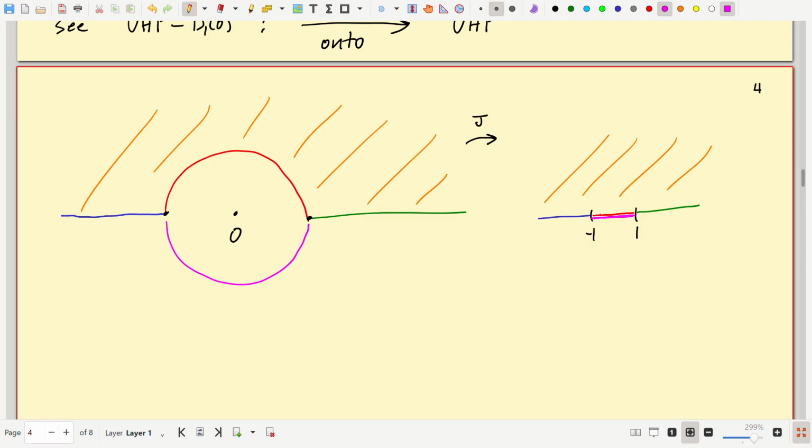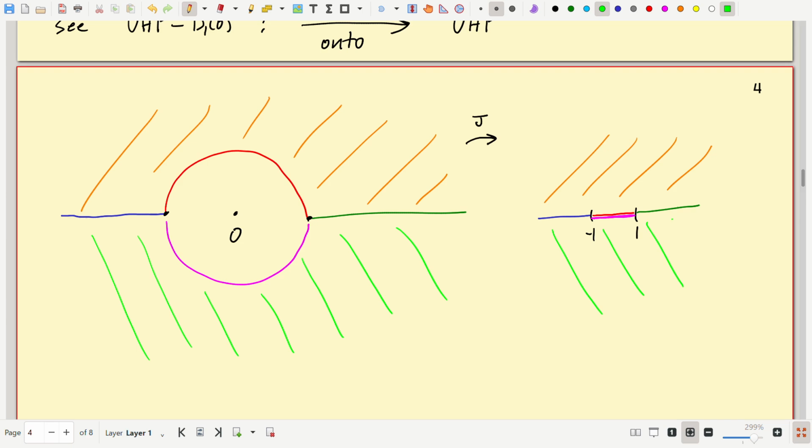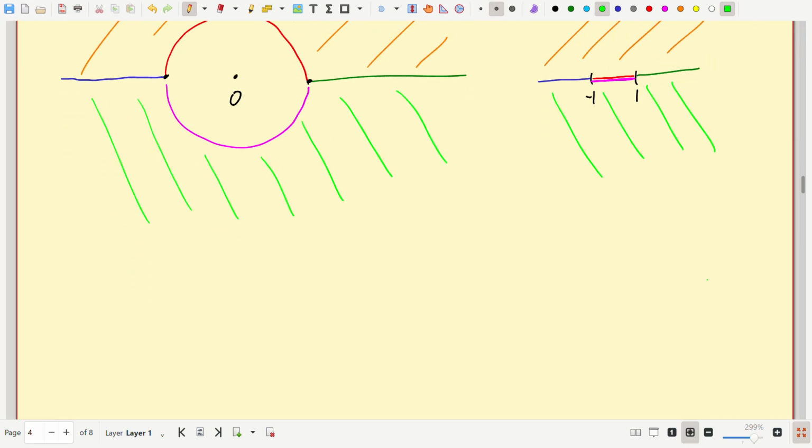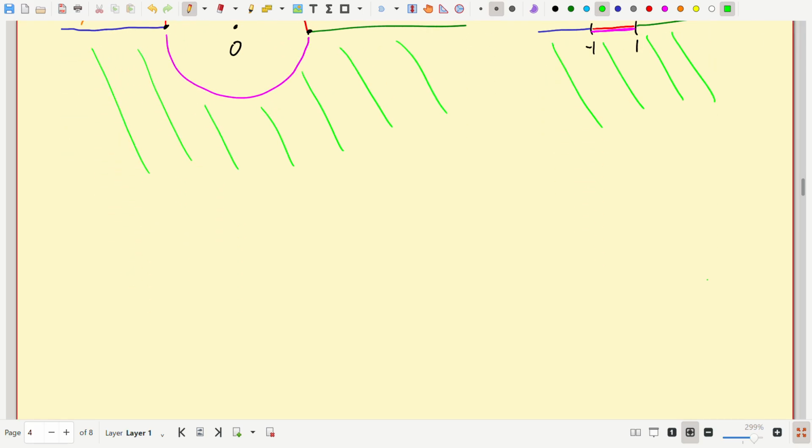And then this green stuff, I'll make this lime green here. This lime green stuff would get mapped one-to-one onto the lower half plane. And it's just the analytic geometry of ellipses that would determine that. Okay, that's one famous picture of the Joukowsky map.